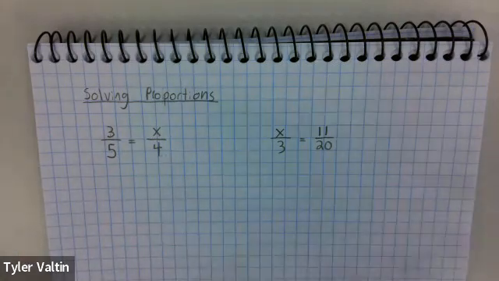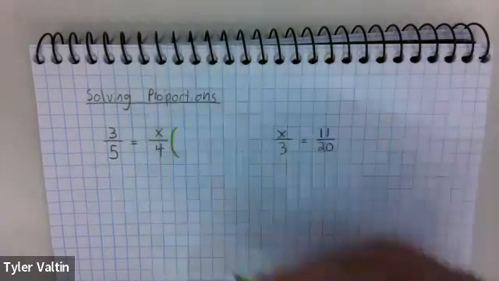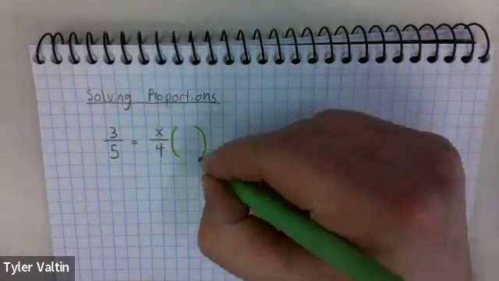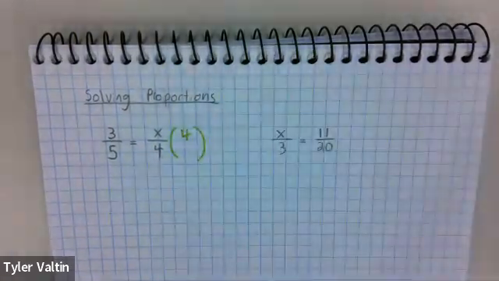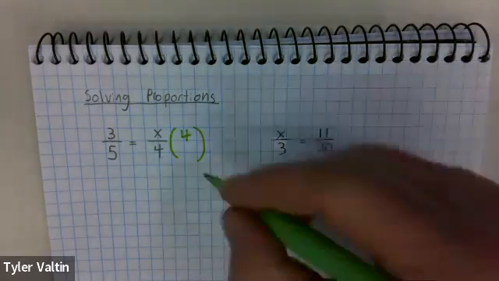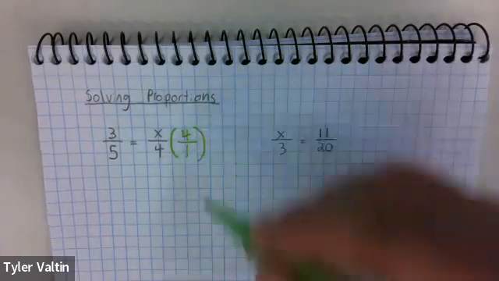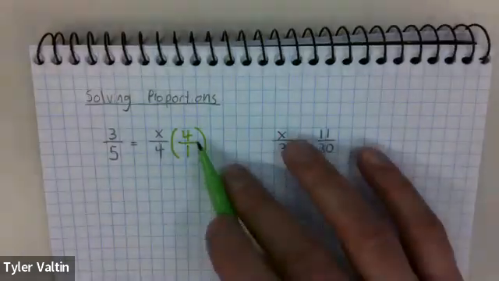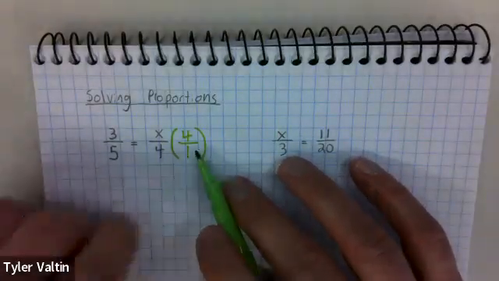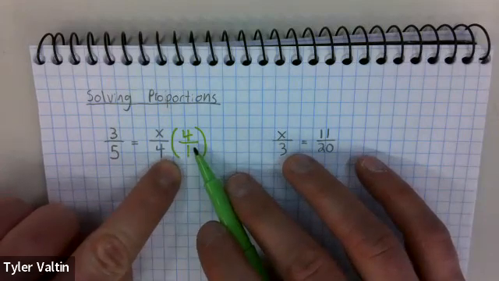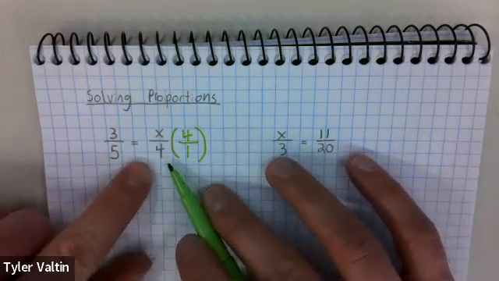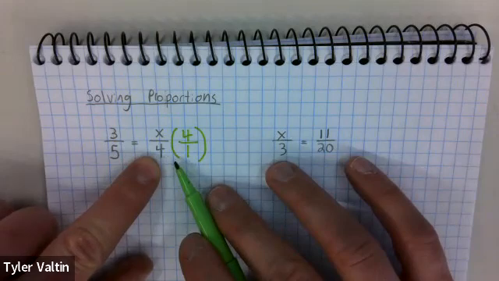So I'm going to go ahead and multiply. I'm going to use parentheses and multiply that right side by 4. And I'm going to expand this out a little bit. Because this is fraction form, I'm going to say it's 4 over 1. 4 and 4 over 1 are the same thing. And I made that into a fraction because this is like a fraction problem, so I want my values to match.